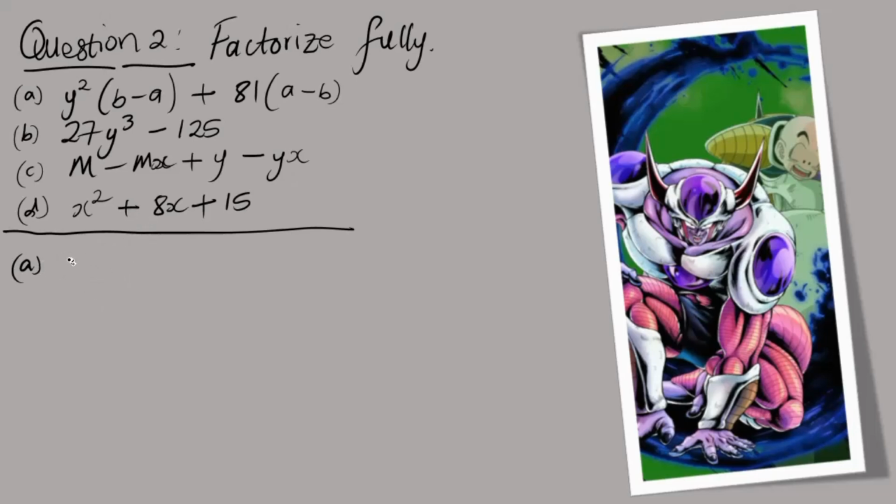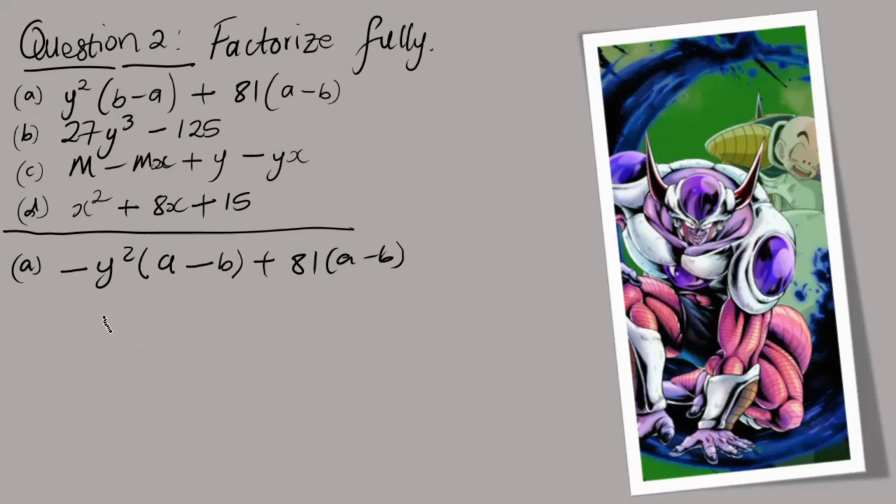Now, whenever we have y squared into (b minus a) plus 81 into (a minus b), this looks like grouping of terms. However, the brackets are not the same, so we have to make them the same. I can take out a common factor, which is negative. So my y squared is now negative, my a will now be positive, my b will be negative, plus 81 into (a minus b).